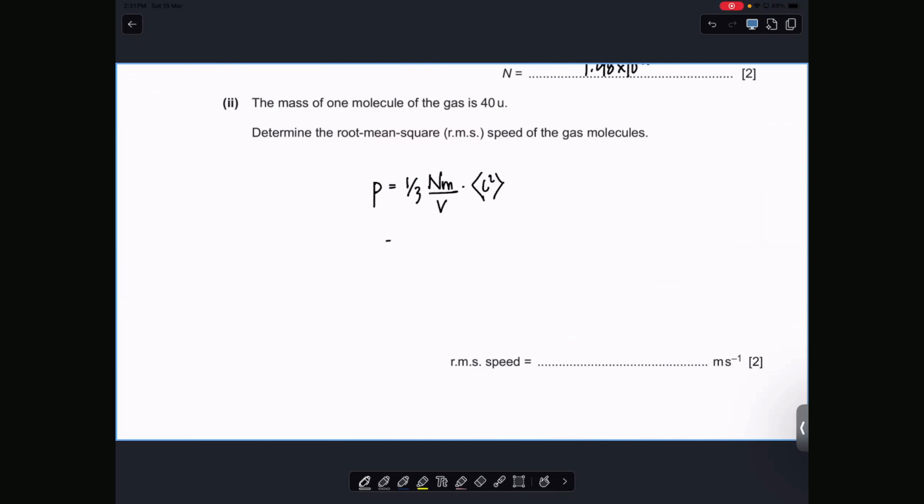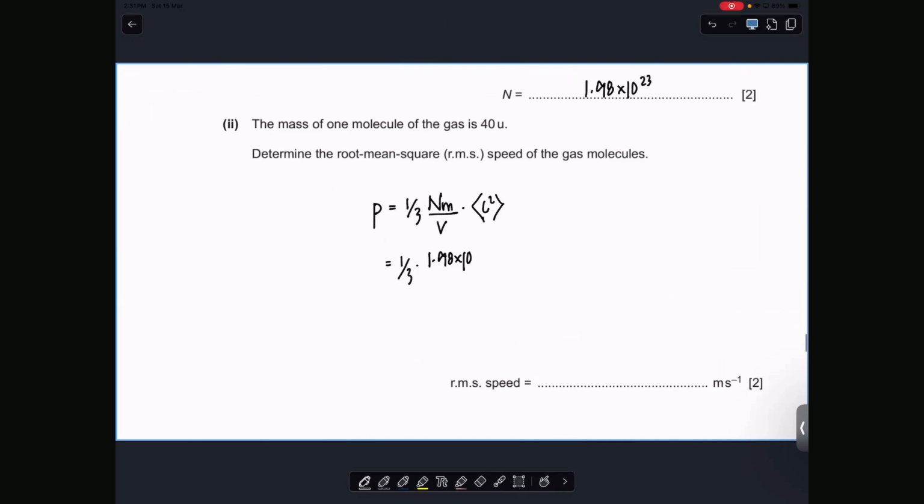Okay, so 1/3 n, we found 1.98 into 10 to the power 23, into the mass, which is 40 u. So do we keep it in u or do we convert it to kilograms? Right, how do you do that? 40 into 1.67 into 10 to the power minus 27.